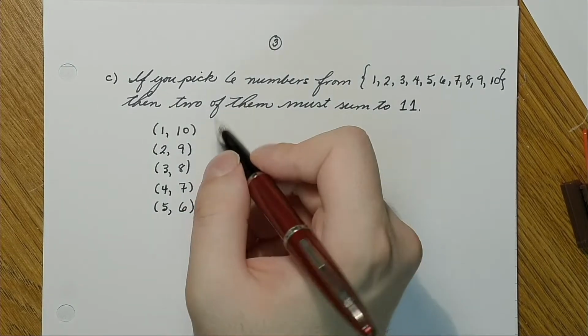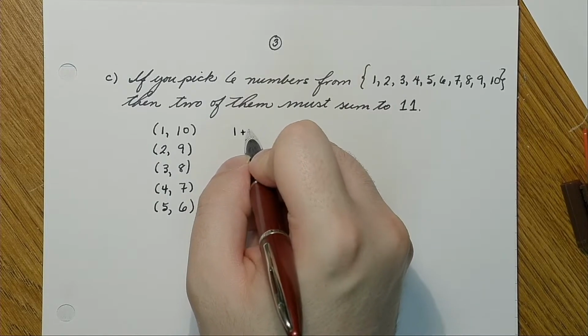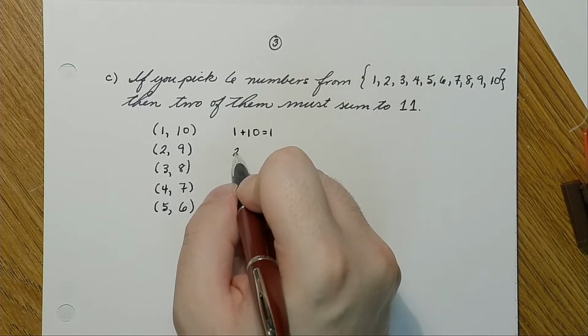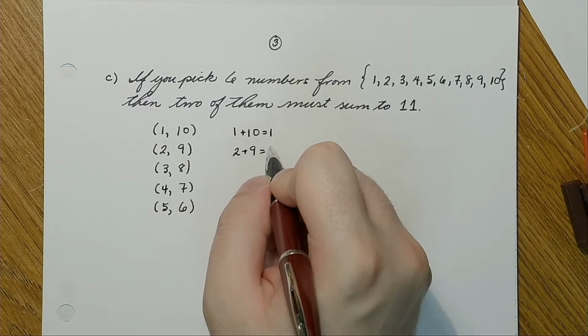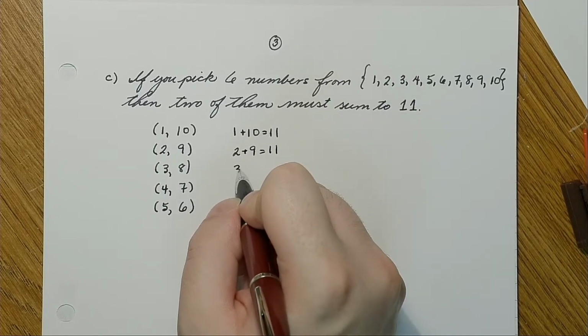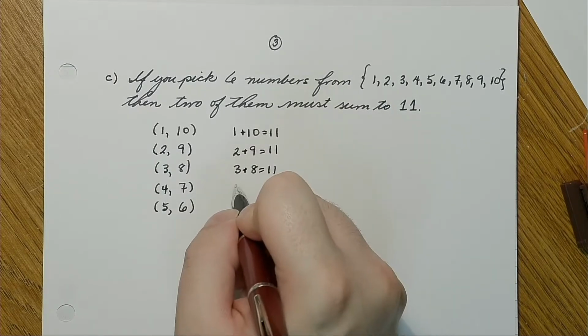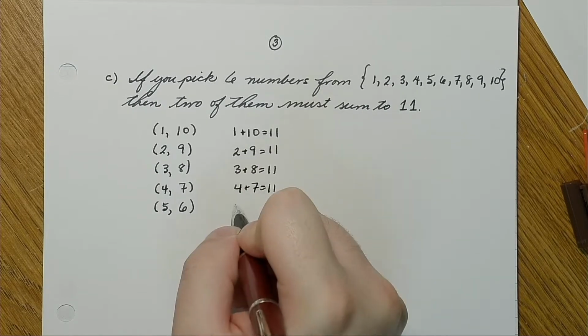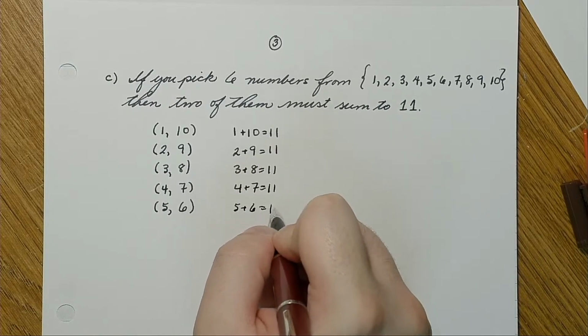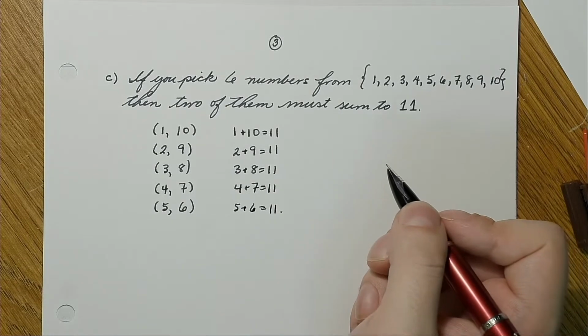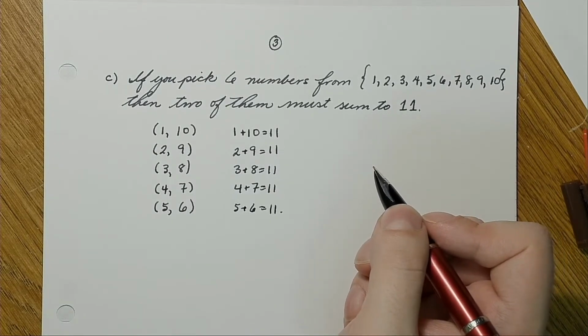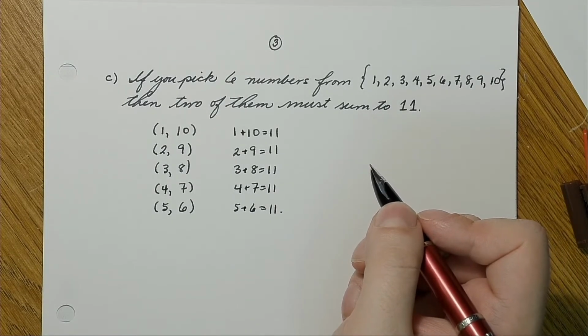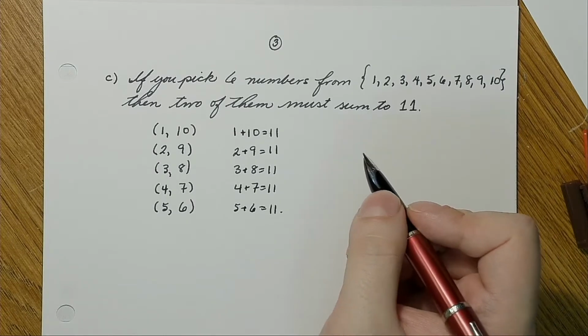So these all equal 11. So each of the 6 numbers you picked must belong to one of these pairs.